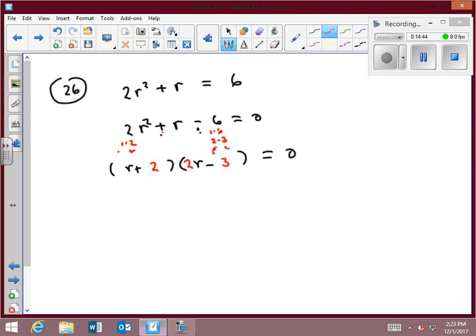Now this is a good example where the larger product is the smaller of these two terms. That's why when you talk about it to yourself, talk about it as the larger product, not the larger number.